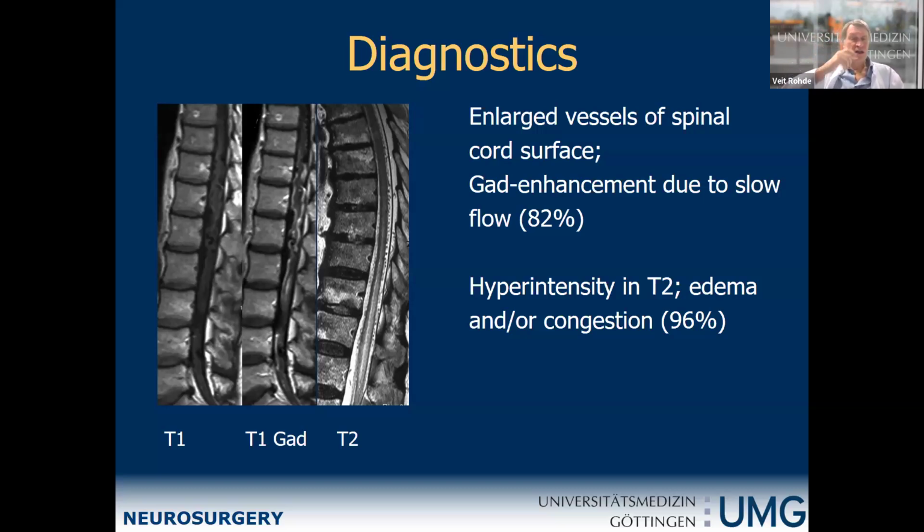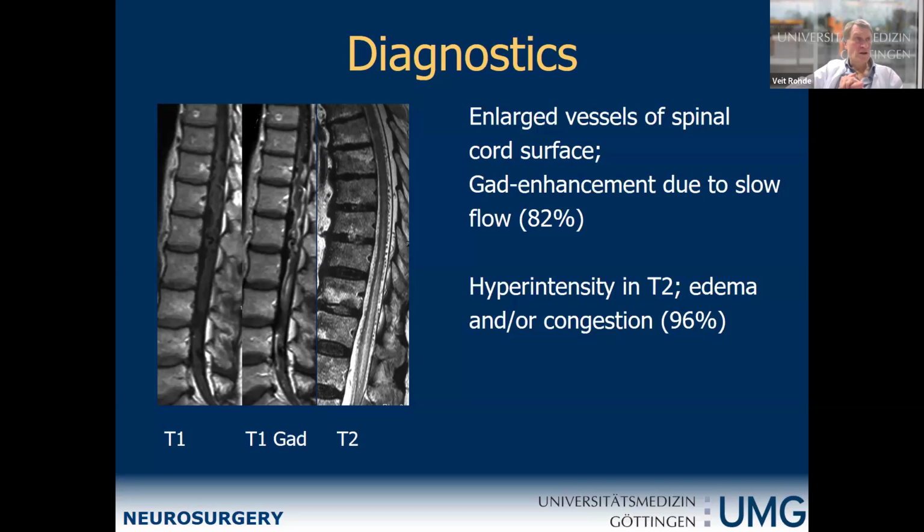And if you give gadolinium, you also see an enhancement of these vessels. These vessels on the spinal cord are the arterialized veins, which are the effect of the connection to the artery, the radiculomeningeal artery.